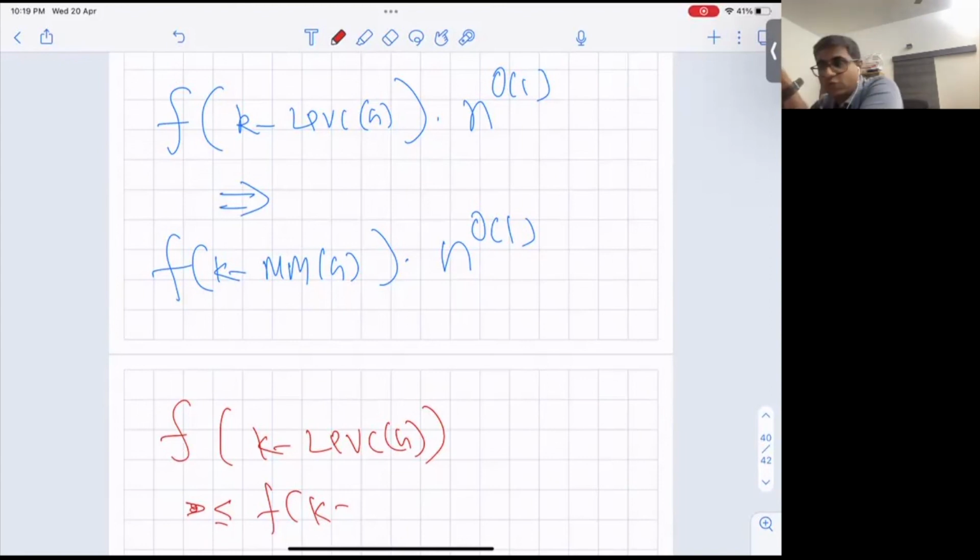So if it is a larger quantity, k minus that larger quantity is less than what we would get if I subtract something smaller. Am I right?